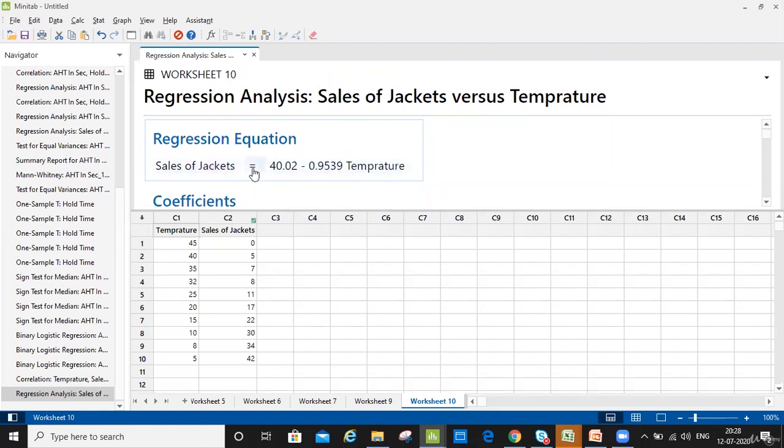And what's this 0.9? This is a multiple. So this 40 and 0.9 are the values which Minitab has thrown. So this is Y is equal to C plus MX. Y is my sales of jacket, C is a constant value, and this is multiple of X, 0.9 times of temperature.